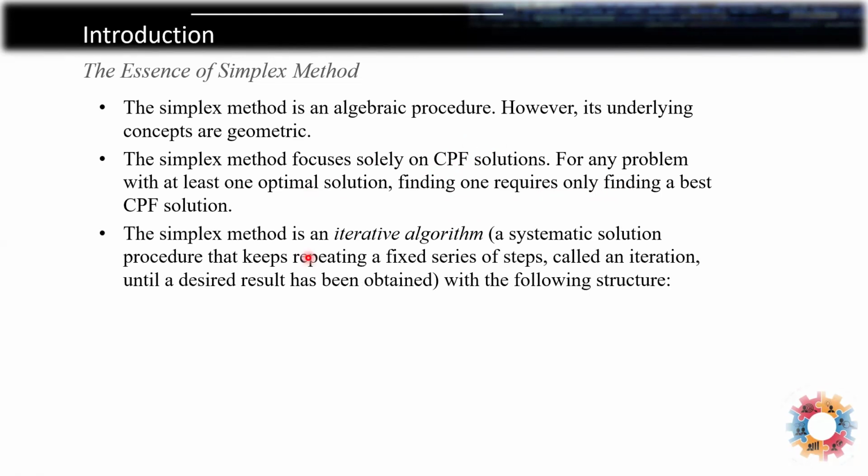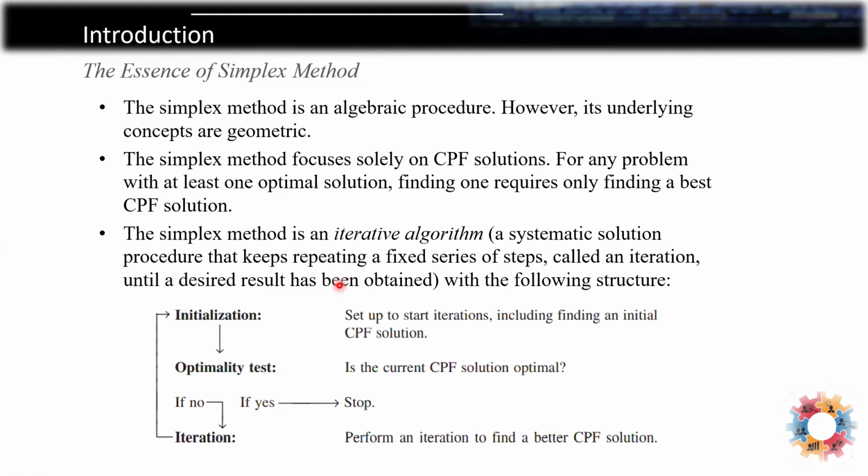The simplex method is an iterative algorithm, meaning you repeat the same process or a fixed series of steps, which you call an iteration, until you obtain the best solution. And the structure is illustrated here by the diagram.